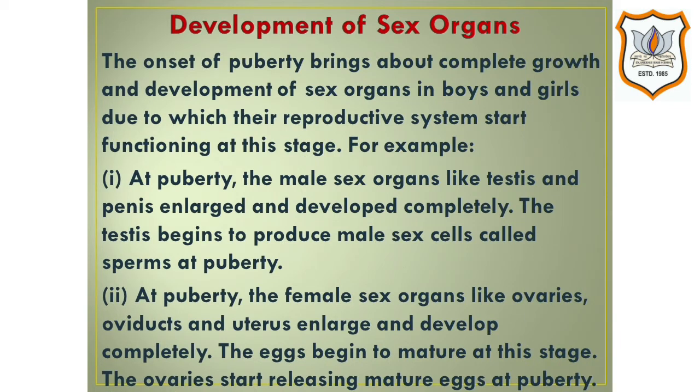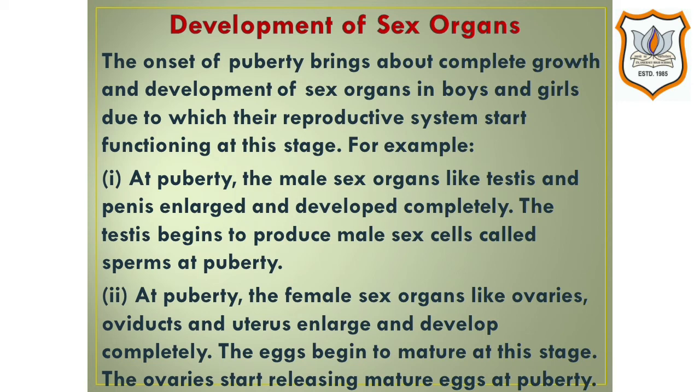Another change that occurs during puberty is development of sex organs. The onset of puberty brings about complete growth and development of sex organs in boys and girls, due to which their reproductive systems start functioning at this age.